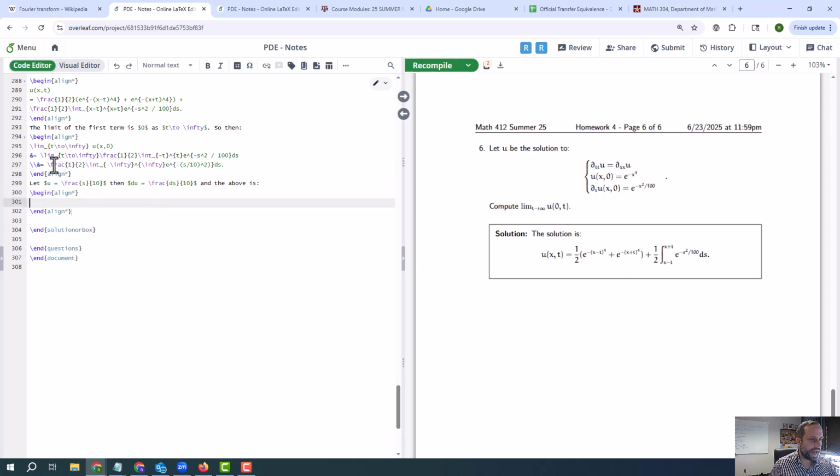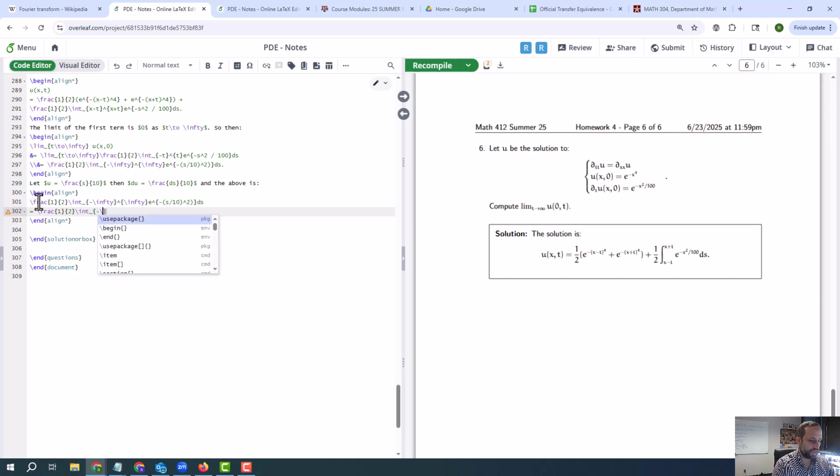Okay, so we're going to start making our changes. So u is equal to s over 10, so minus infinity over 10 is still minus infinity, and infinity over 10 is still infinity. But now we're going to have e to the power of minus u squared, because u is equal to s over 10, so wherever I see an s over 10, I'm putting a u.